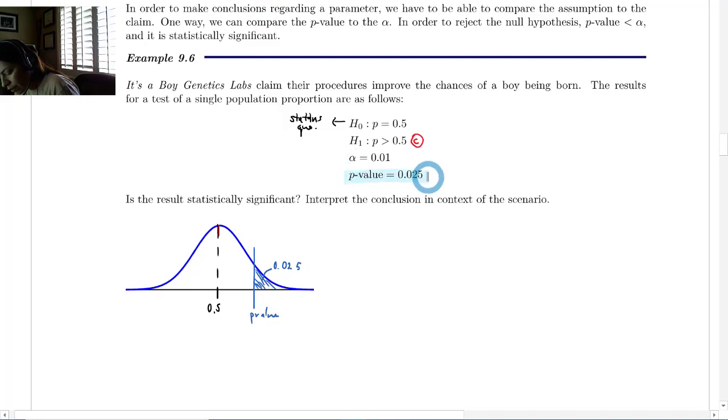So we did the p-value. Here's the p-value. Let's go ahead and determine the alpha. All right, where is the alpha? If we compare decimals 0.025 and 0.01, we could see that alpha is somewhere in here, right? And let me go ahead and write that. So alpha is 0.01, which is in here.